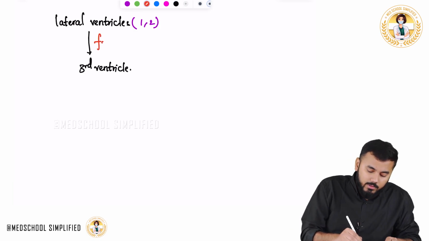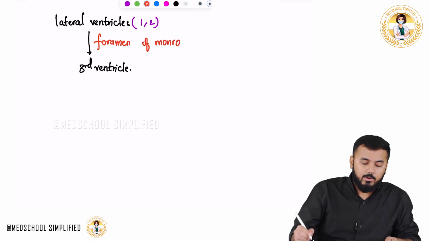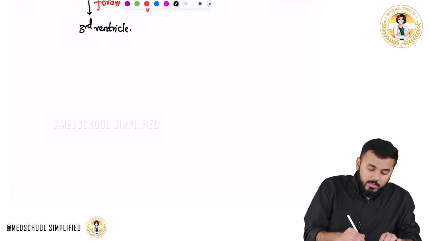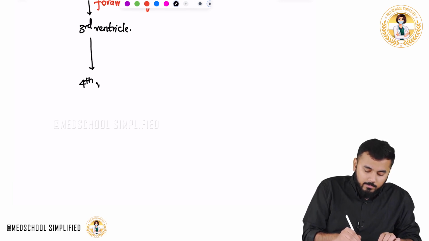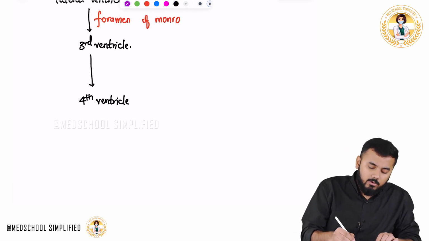With the help of what? With the help of the foramen of Monro. Now, from the third ventricle, it then entered your fourth ventricle. How? With the help of the aqueduct of Sylvius.